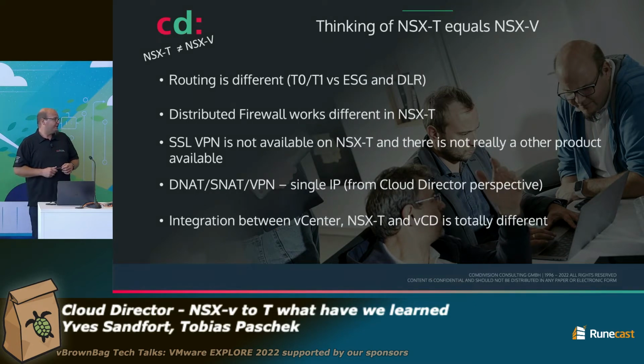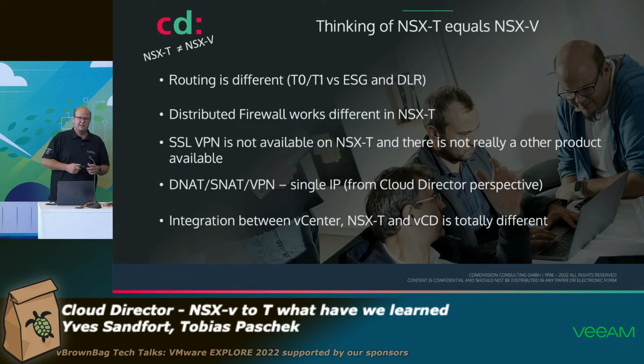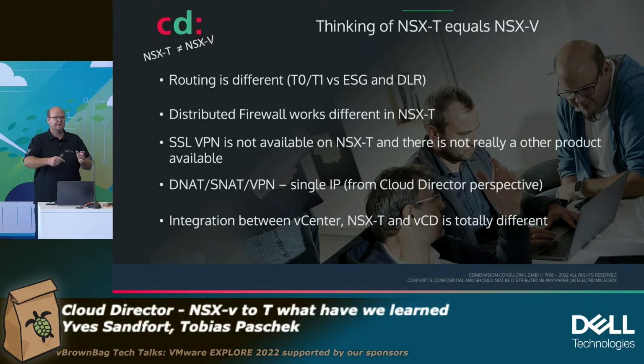Okay, let's start with the first one. Thinking about NSX-v equals NSX-T. No, absolutely not. We have the difference on tier 0, tier 1 versus edge service gateway and distributed logical routing. There is a huge difference in the whole routing process from NSX-v to NSX-T.